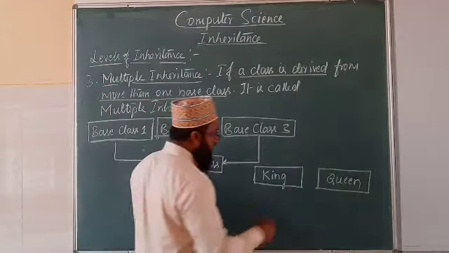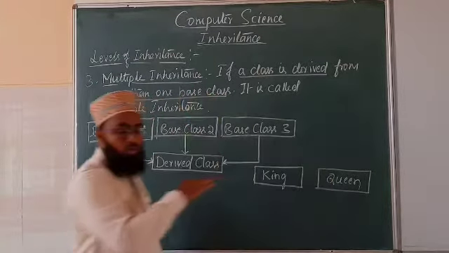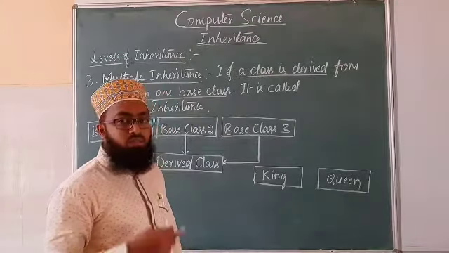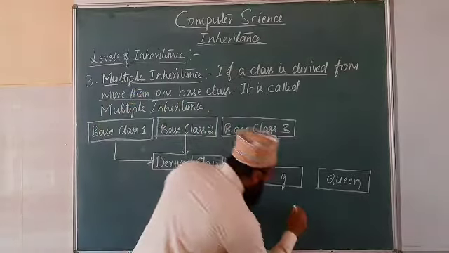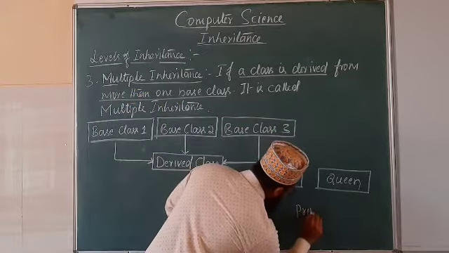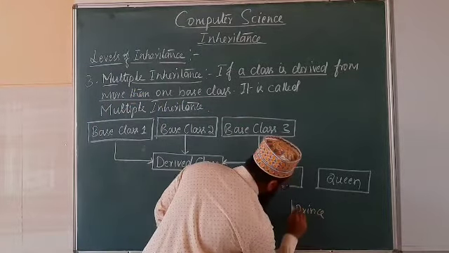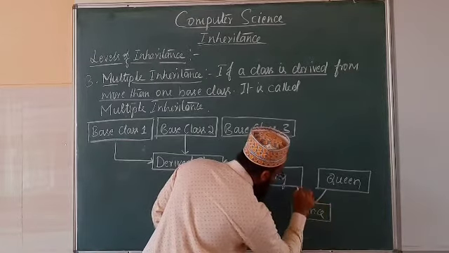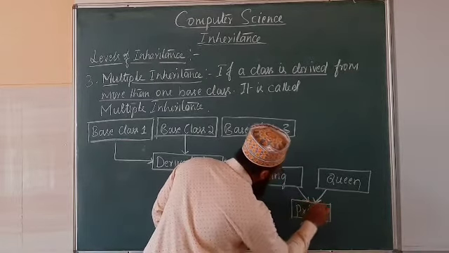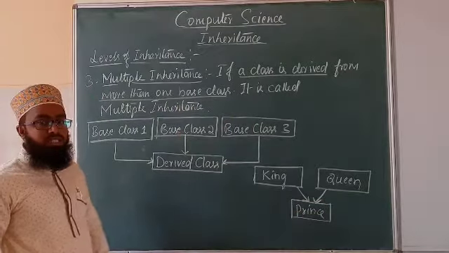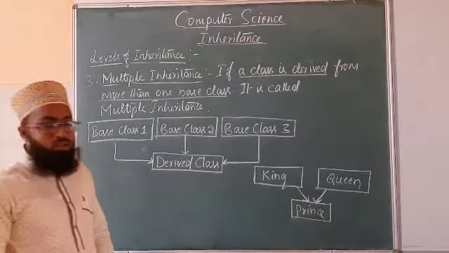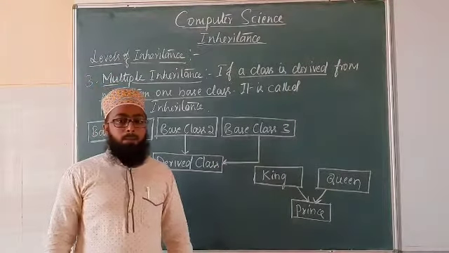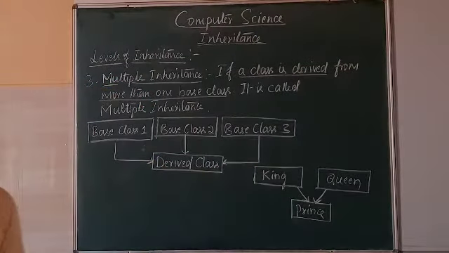Along with these 2 classes, if we have to inherit one derived class, that is prince. A prince derived class is inherited. So this type of inheritance is called multiple inheritance.